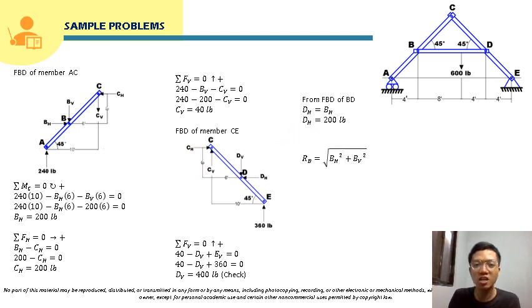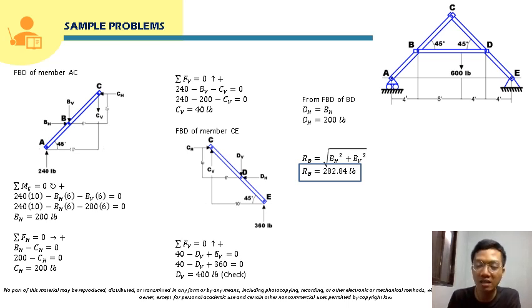Okay, so from here, we already solved for all the component forces of the reactions at B, C, and D. So we will just solve for the resultant forces since we are asking for the forces, not the components of the forces. So solving for the reaction at B, that will just be square root of BH squared plus BV squared. So that will be 282.84 pound.